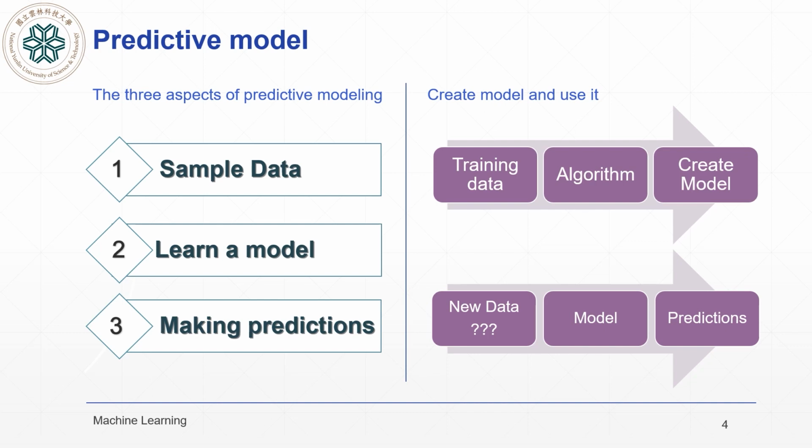Step 2, learning a model. In this step, a model learns from the collected data. There are many methods to create a model, and we introduce some of them in this course. In this lecture, we describe a model based on supervised learning.